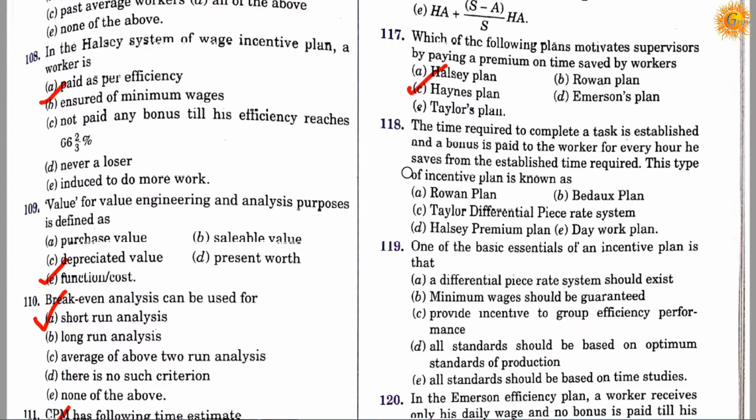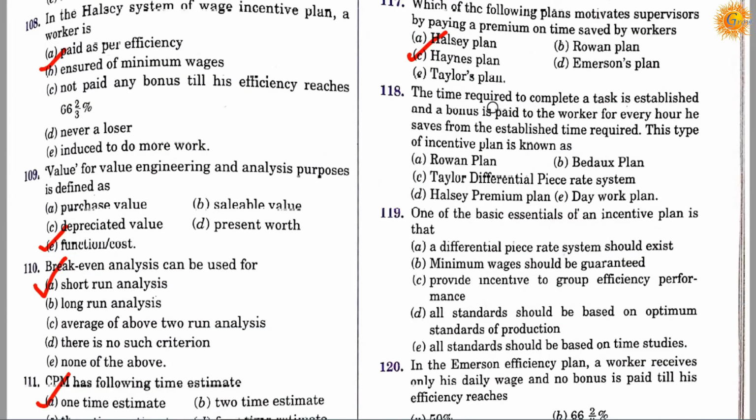Question number 118. The time required to complete a task is established and a bonus is paid to the worker for every hour he saves from the established time required. This type of incentive plan is known as option A, the Rowan plan, option B, Barth's plan, option C, the Taylor differential piece rate system, option D, the Halsey premium plan, and option E, a day-work plan.